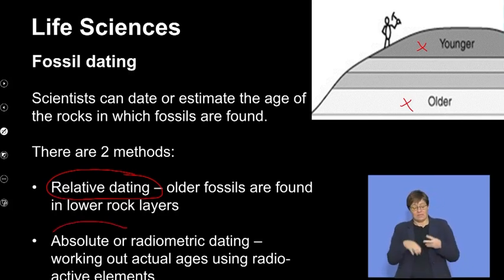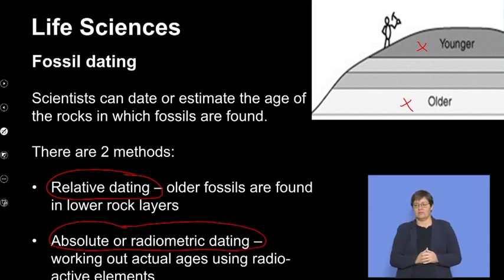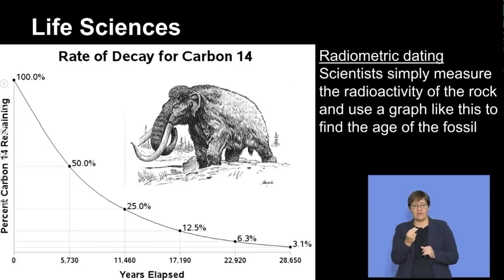The second one, the one that is scientifically accurate, is absolute or radiometric dating, and here scientists can work out the actual age, give or take a couple of million years, using radioactive elements, which all have what is called a half-life.